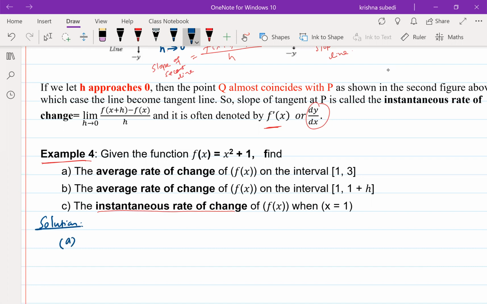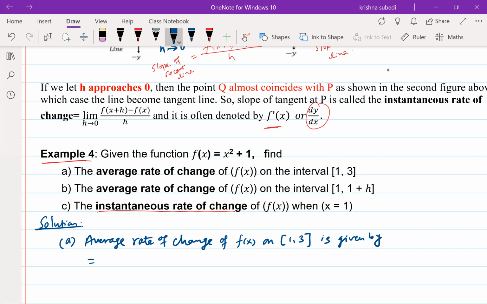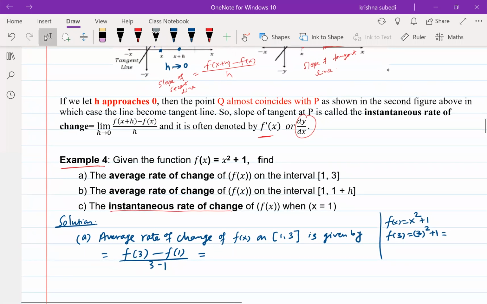Part A. The average rate of change on the interval 1 and 3 is given by f of 3 minus f of 1 over 3 minus 1. f of x is x squared plus 1, so f of 3 will be 3 squared plus 1, which gives me 10.